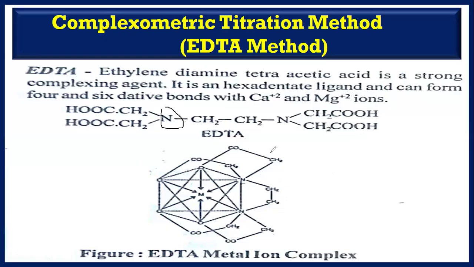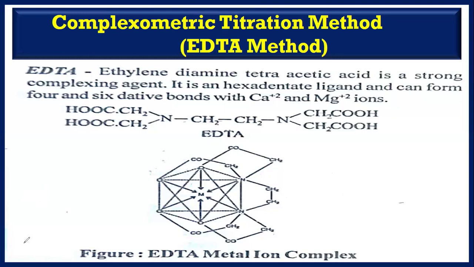Each acetic acid group has one oxygen as a donor atom, which forms the complex with the calcium or magnesium ion. Here this M stands for calcium or magnesium ion. In this way, one molecule of EDTA combines with one atom of calcium or magnesium ion.